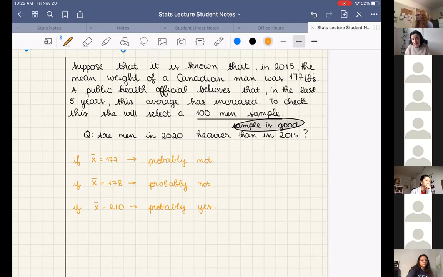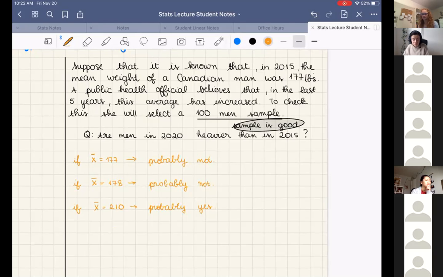So Valeria, I'm not sure I understand your question. On the chat, you're saying if in your sample you get the same mean as in the 2015 population, don't you have to do more trials? I don't think so. It just means that it happened to be the same.